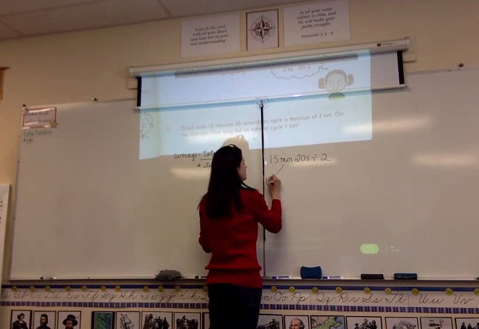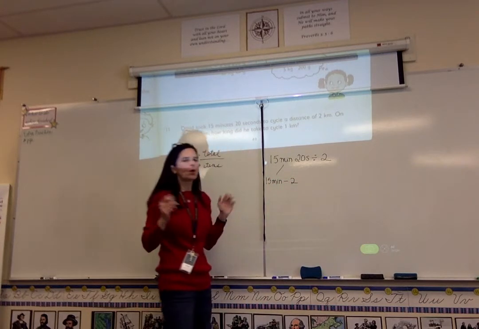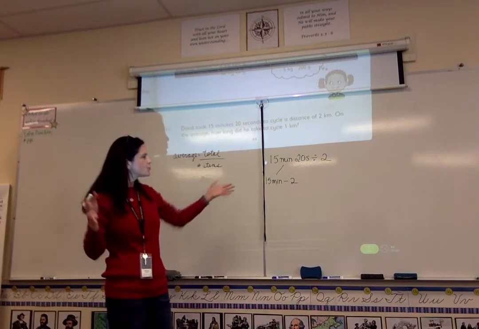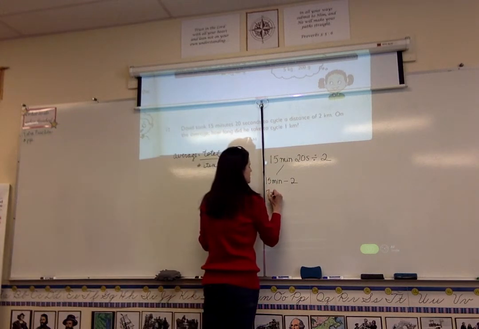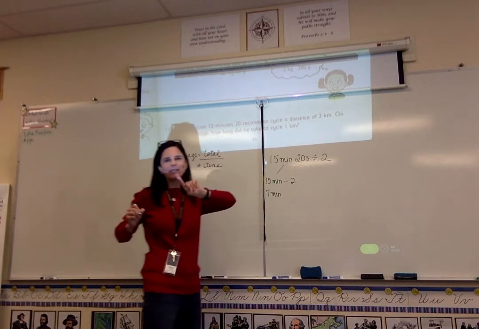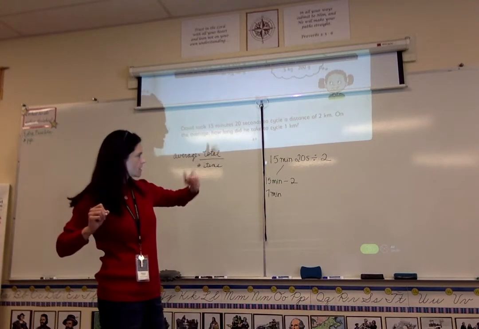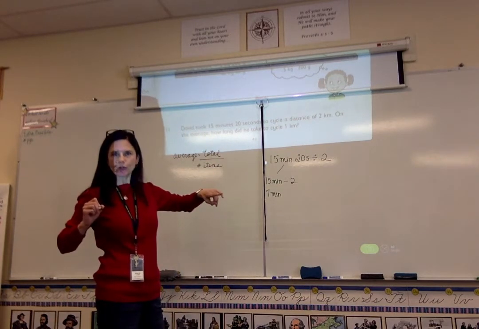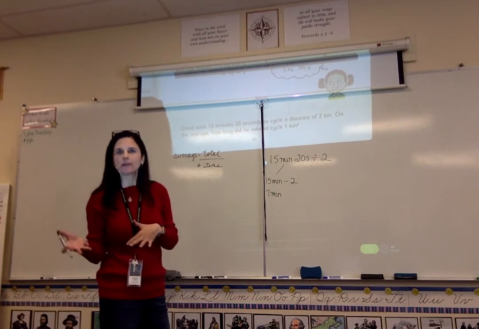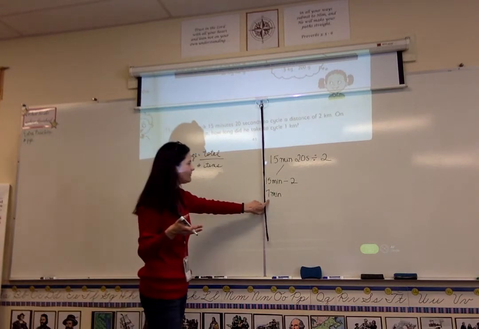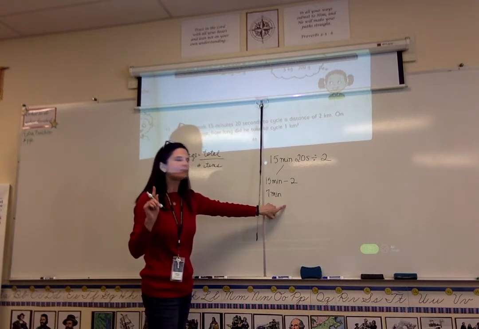So we have 15 minutes, and we're going to divide that by 2. Okay, so 2 goes into 15 7 times. So that's going to give me 7 minutes. But then I have 1 minute left over, right? Because 15 divided by 2 is 7. That gives me 14 minutes with 1 minute left over. So 7 minutes, 1 minute left over.